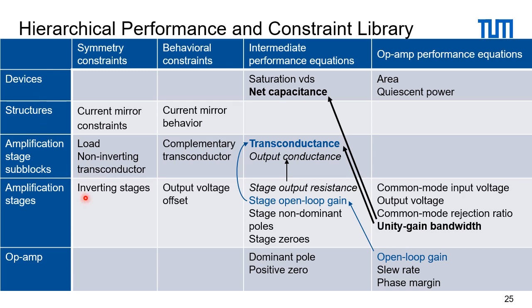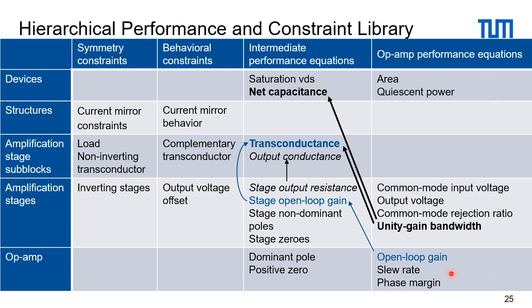Now, we can not only set up constraints like symmetry constraints, but also behavioral constraints for the current mirror and so on, output voltage or offset, for instance. We can also set up intermediate performance equations for the blocks, and then in the end, the overall op-amp performance equation.